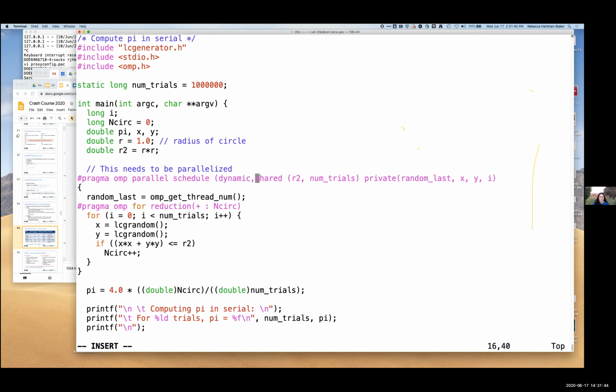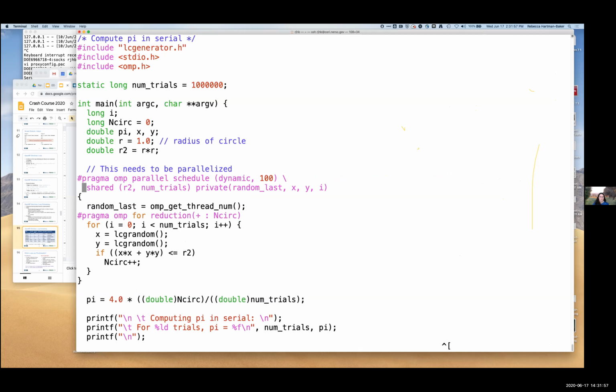Sure. Let's have a chunk size of 100. Okay, this line is awfully long. I can just do this to continue it so we can see everything. Okay, does that look good? Is there anything I'm missing? I'm probably missing something.